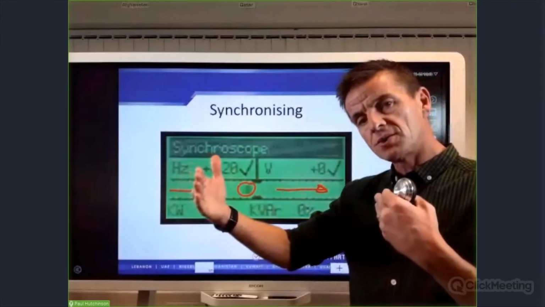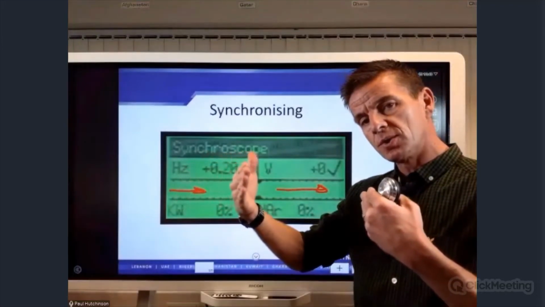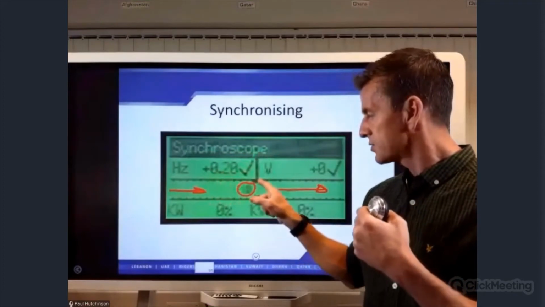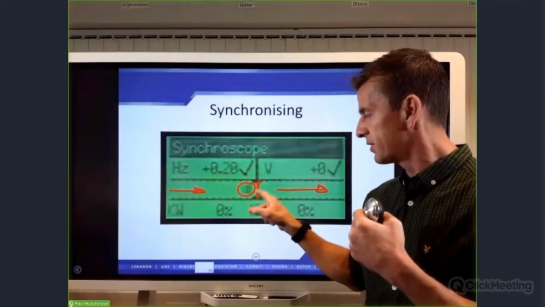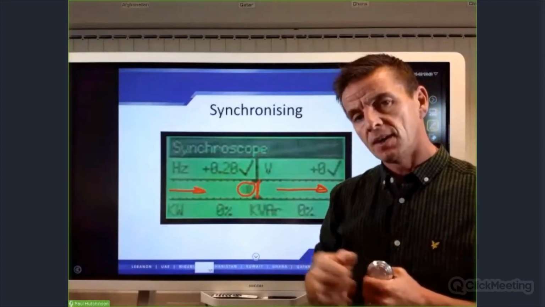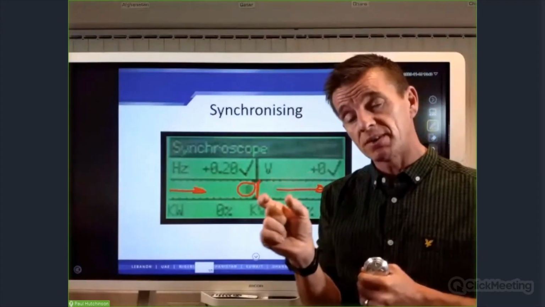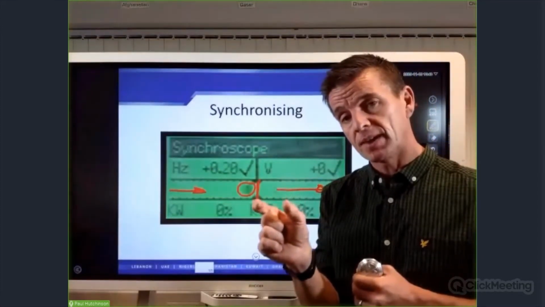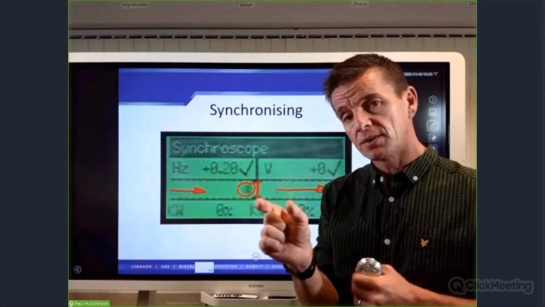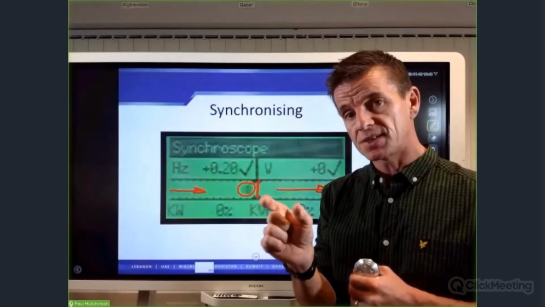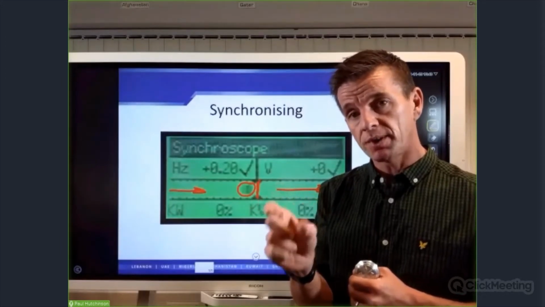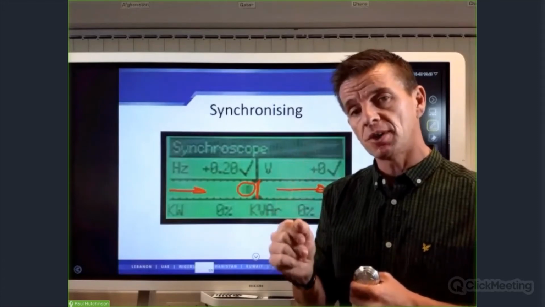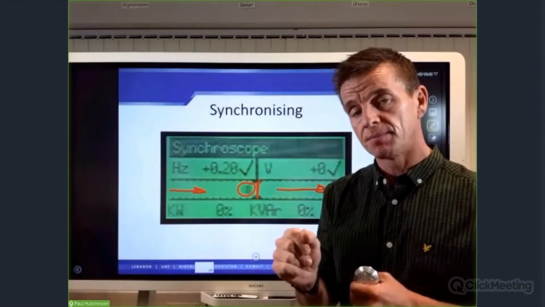And you'll see it starting to go slower, until it gets to the point of being in the middle of here, okay? Once it's in there for a period of time or dwell time, okay? At that point, the controller is happy that it's in sync.